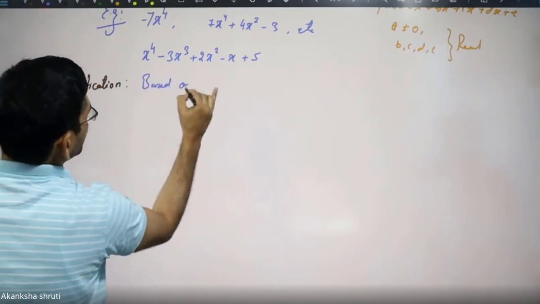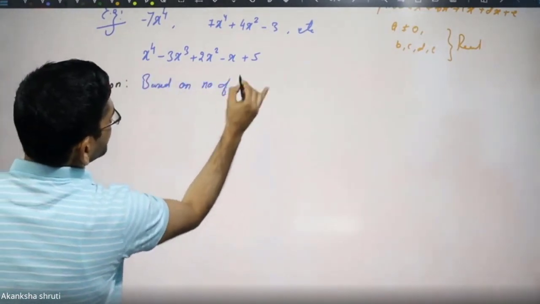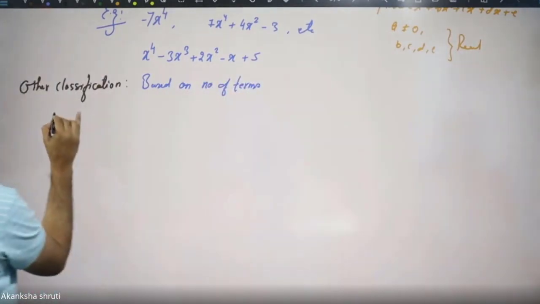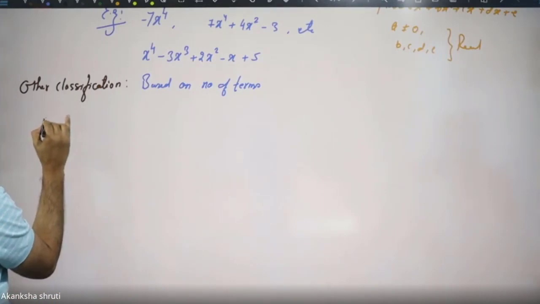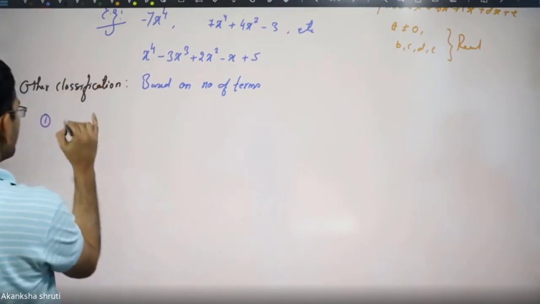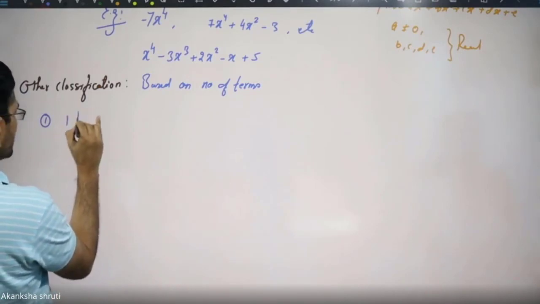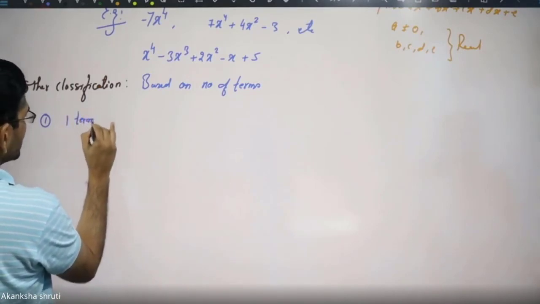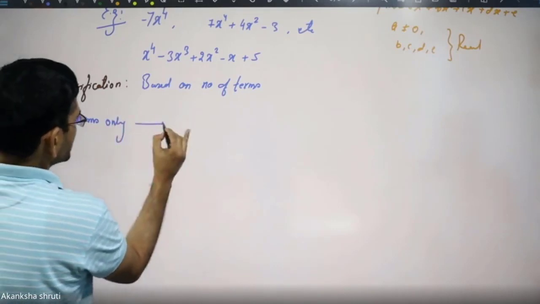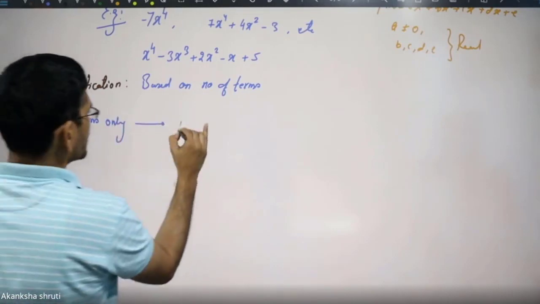If the number of terms is 1 only, such a polynomial is called a monomial.